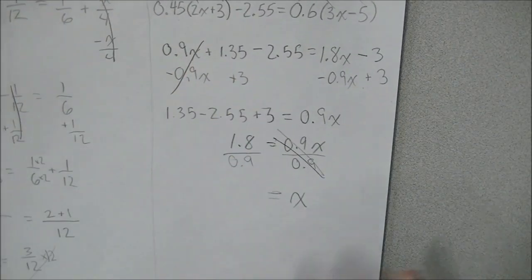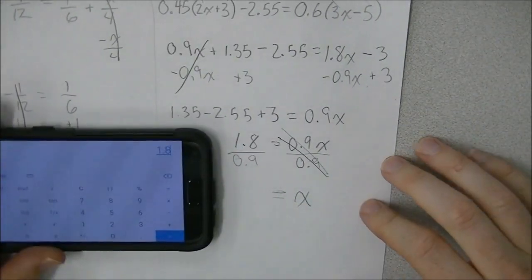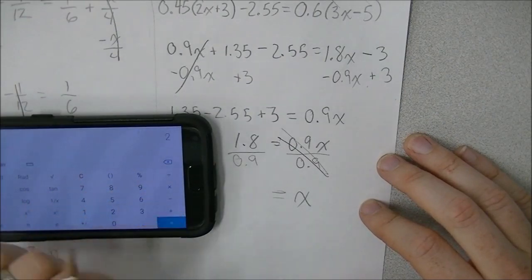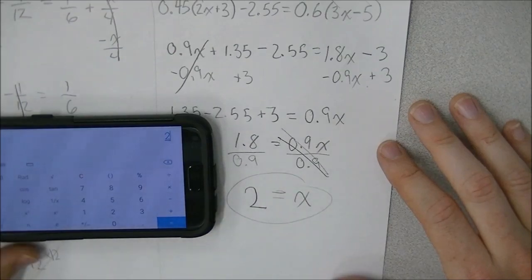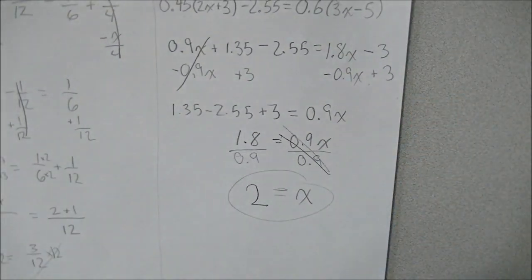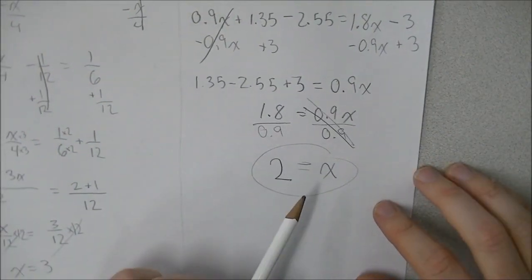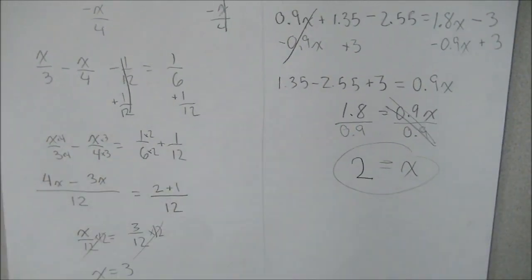And on this side, I know it's going to be 2, but let's just check. 1.8 divided by 0.9 is, oh good, 2. So here we have 2 is equal to x. You could write that as x is equal to 2 if you like, but it doesn't really matter what the order is for our equality. We are good. All right, so that is how to solve linear equations in a single variable.